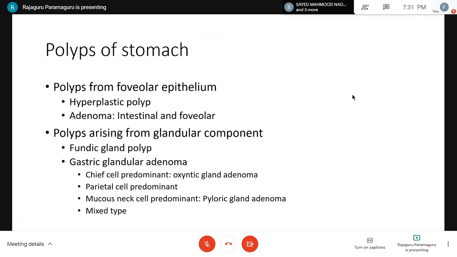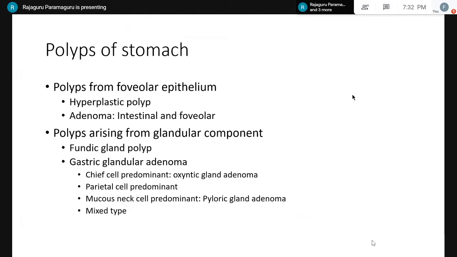These can also show a parietal cell predominance. Then there is the pyloric gland adenoma, with mucous neck cell type predominance, or it can be of the mixed type with both mucous neck cells and chief cells, also with the foveolar epithelium. So this is a basic classification of the polyps of the stomach.